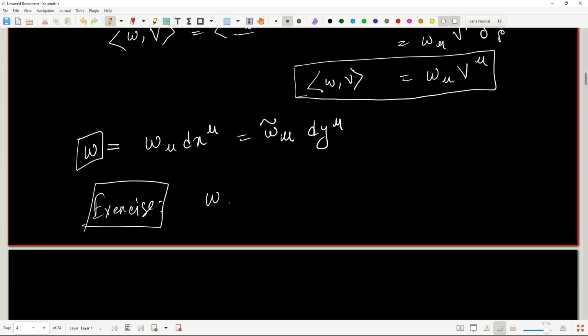And you can even show, so take this as an exercise, to show that your omega tilde nu equals omega mu del x mu del y nu. Sorry, it shouldn't be mu, let's write it as nu, that's convenient.